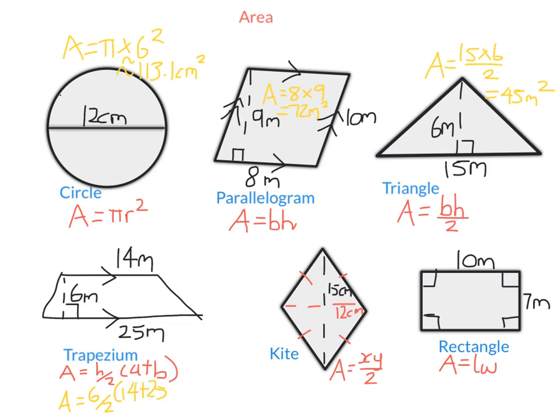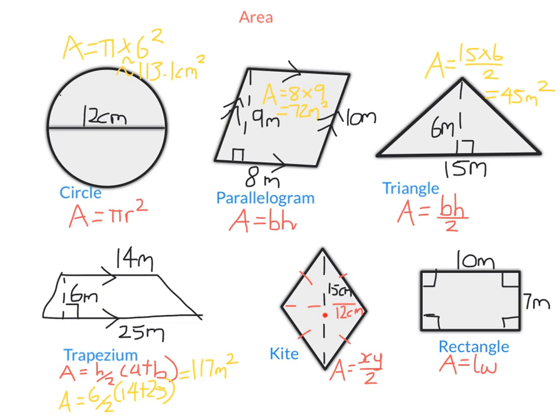A trapezium only has 2 parallel sides, unlike a parallelogram. So this would just be 39 times 3, which gives us 117 meters squared. So make sure you practice trapeziums because they always mess people up.